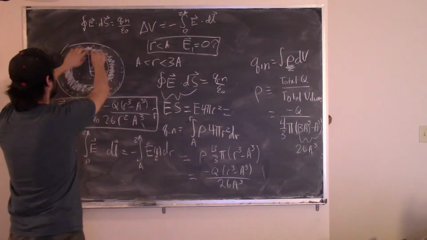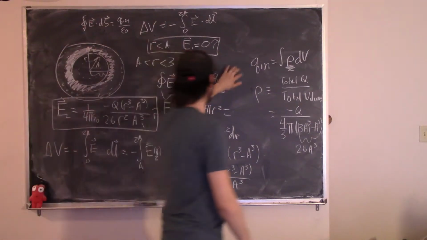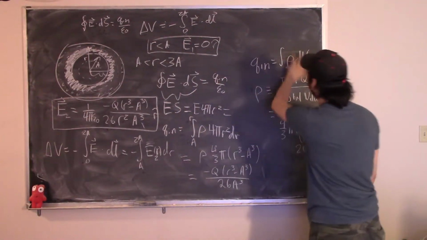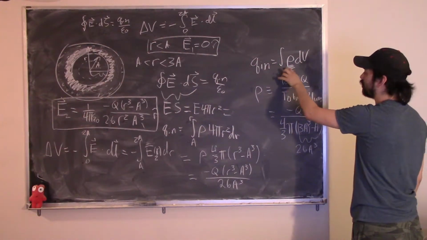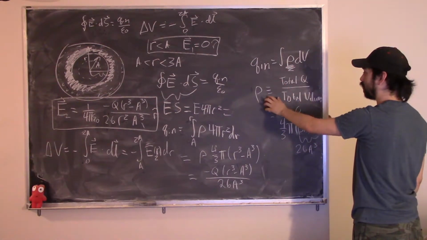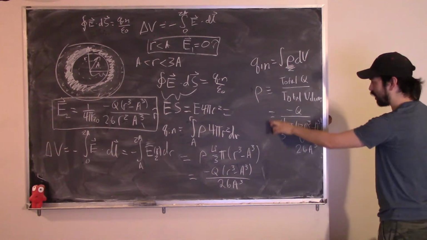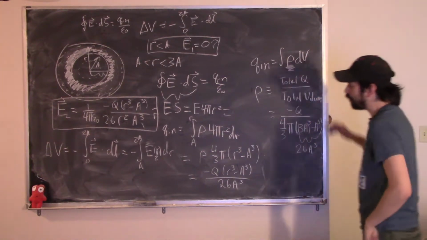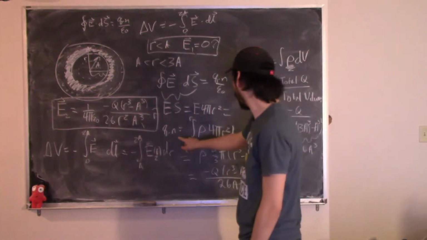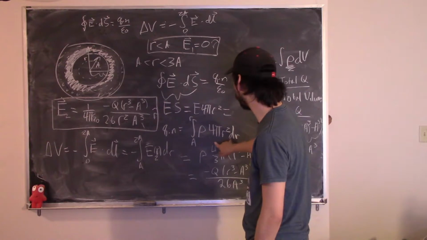When we apply Gauss's law in the region between a and 3a, we need to calculate what q in is. And q in is the integral of rho dV. Rho is going to be the total charge divided by the total volume. So this is how I'm getting rho right here. Then I can evaluate this integral using rho and dV in spherical coordinates.